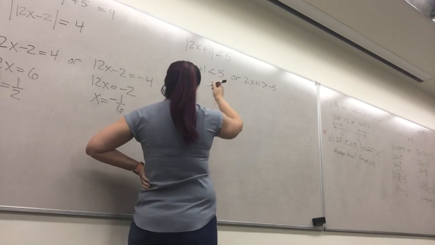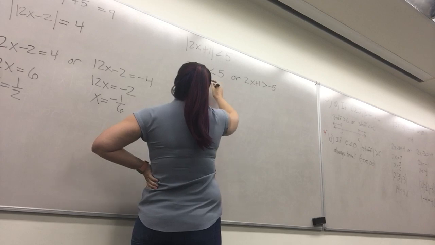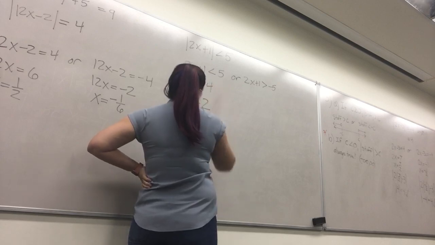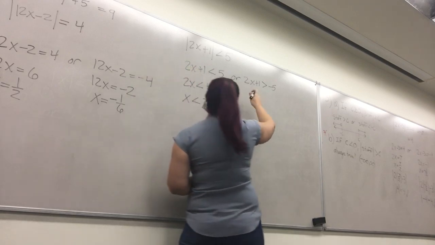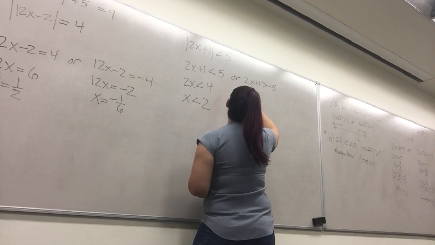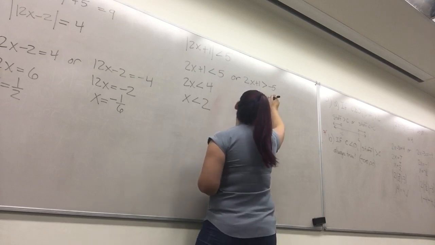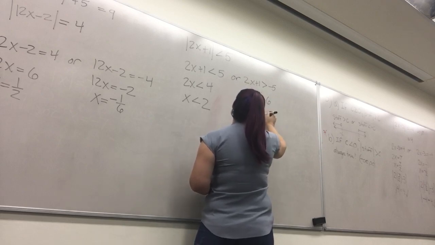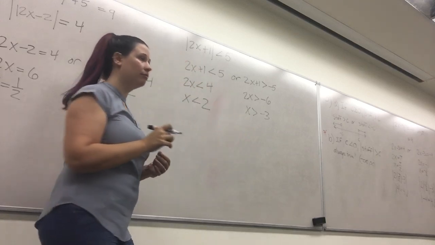Solve just like normal. So subtract the 1, we get 2x is less than 4, and x is less than 2. Okay? Then we have 2x is greater than -6, or x is greater than -3. Now, put them on a number line, right?